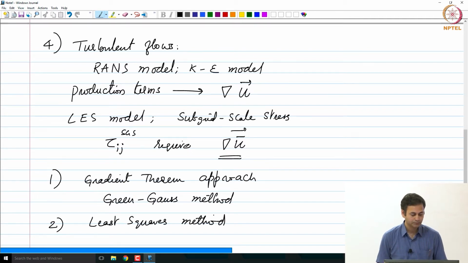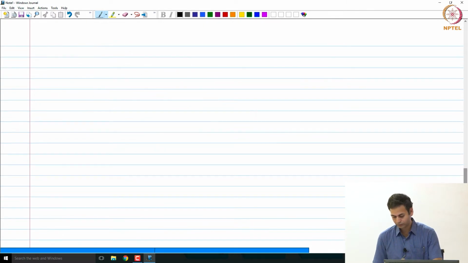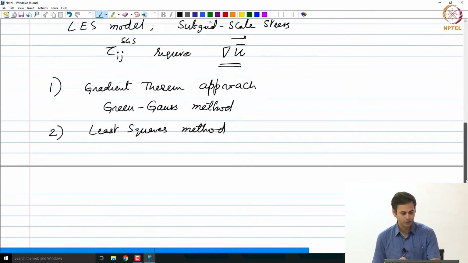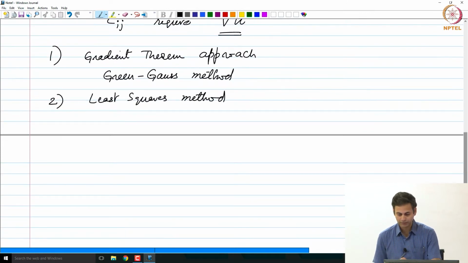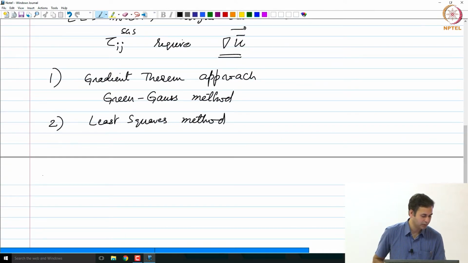These are two standard gradient calculation methods that are also available if you use any simulation software as well. Fine, let us look at the gradient theorem approach or the Green-Gauss method.